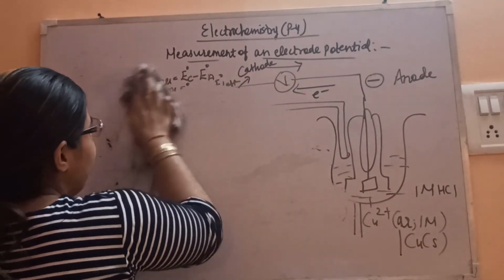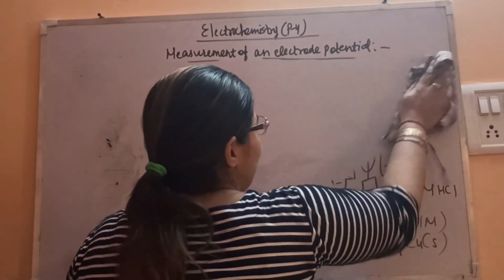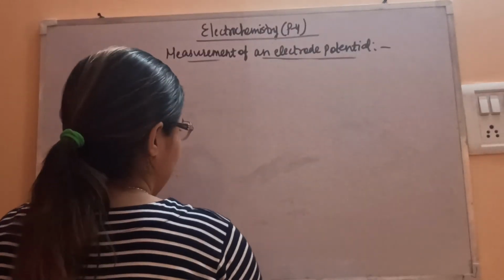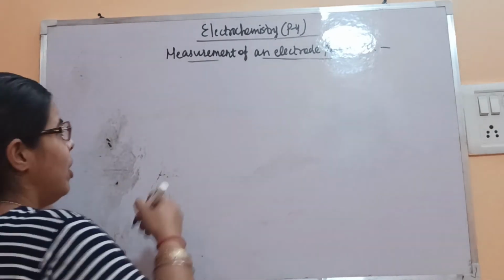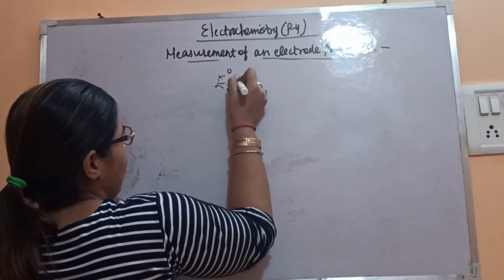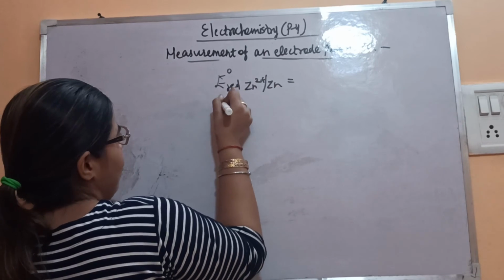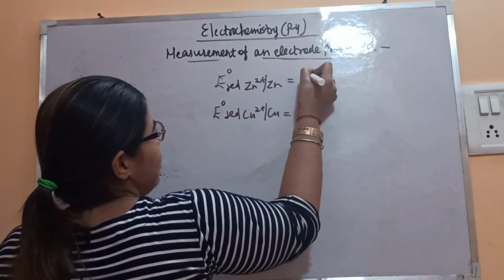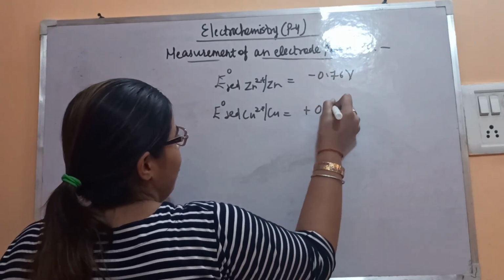We know that the values of the electrode potential, reduction as well as oxidation, are opposite to one another. The E naught value, the reduction potential of zinc, is minus 0.76 volt, and for copper it is plus 0.34 volt.